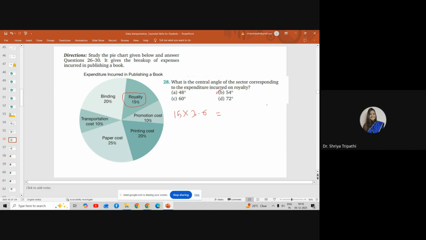Whenever an angle is being asked, whatever is the figure in there, you can multiply it by 3.6 and that will give you the exact angle. So here the right answer is 54 degrees.